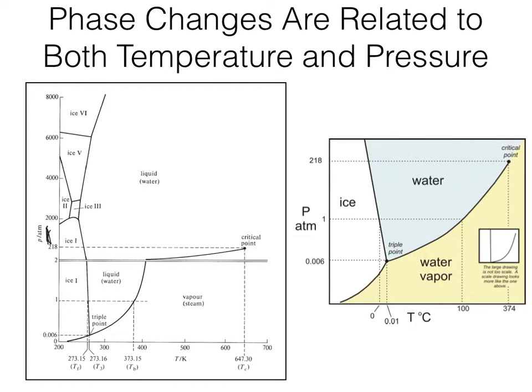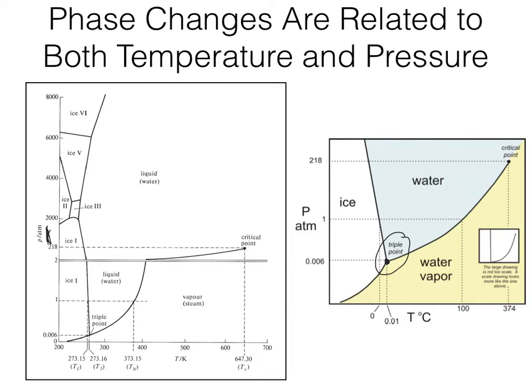And some things to point out with phase diagrams is that most things have what's known as a triple point. This triple point is the location where the pressure and the temperature at which the substance exists in all three phases.